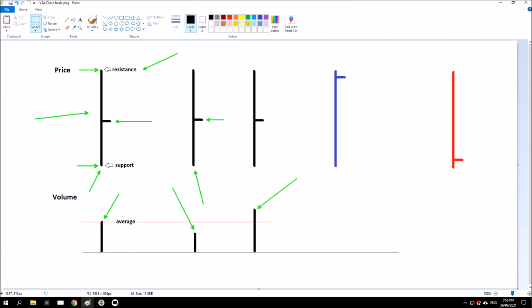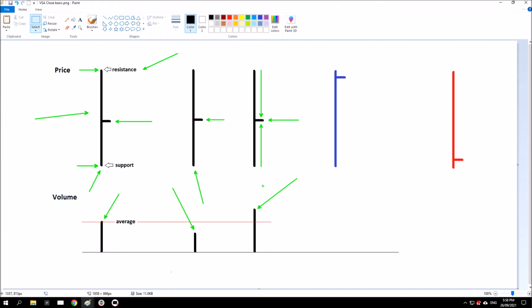Whereas high volume and a mid-bar close, you can be really confident that there is an equilibrium between the buyers and the sellers in the market, and that's left them right in the middle. Neither side gained the upper hand, and that's left a mid-bar close.